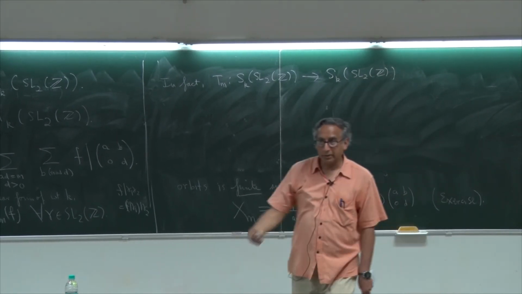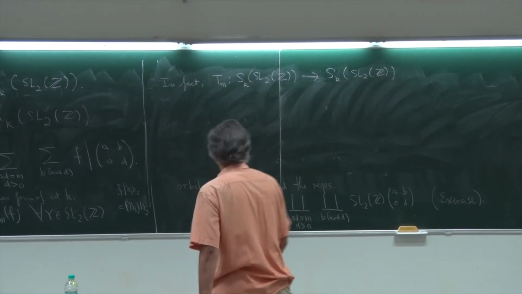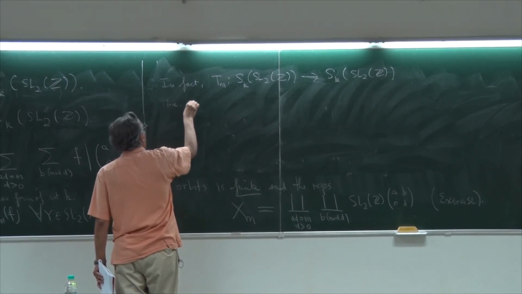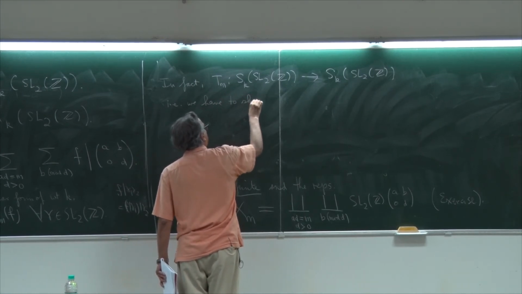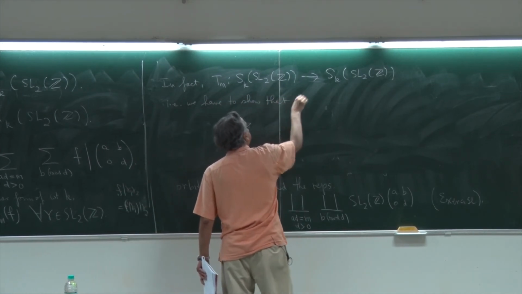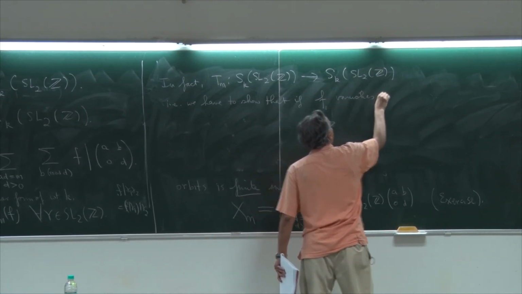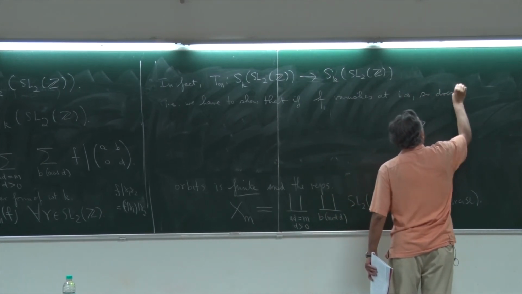What does it mean for it to be a cusp form? It means that you have to show it vanishes at infinity. So we have to show that if f vanishes at infinity, so does T_m of f.